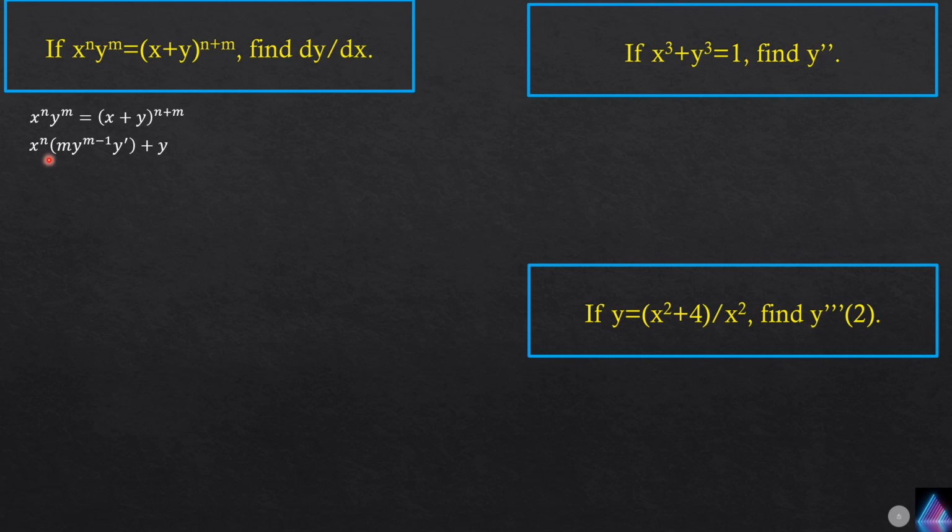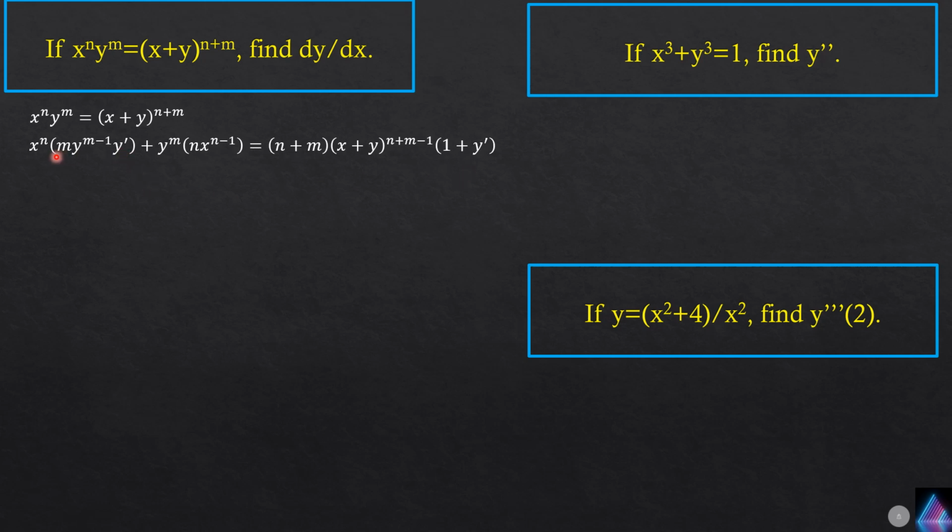So x^n times (m y^(m-1) y prime) plus second y^m times derivative of first, n x^(n-1) times 1, equals (n + m) times (x + y)^(n+m-1), then derivative inside, which is 1 plus y prime.